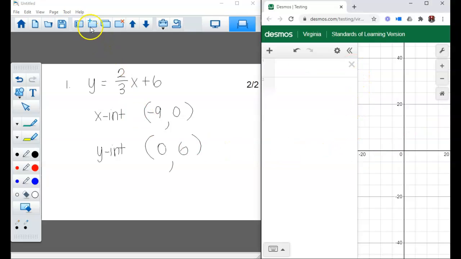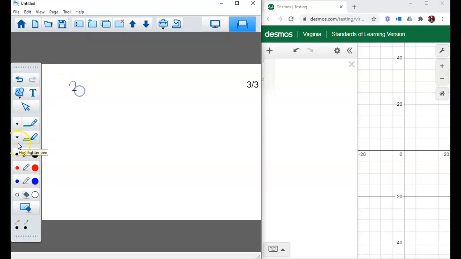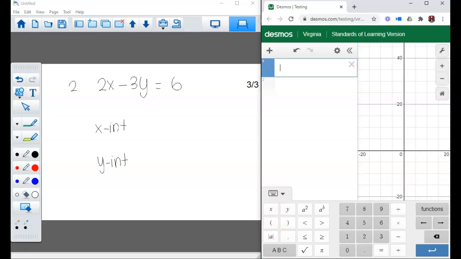Okay, so let's clear that one. Let's try another one. Let's do 2x minus 3y equals 6. We're going to get an x-intercept, and we're going to get a y-intercept. All right, so keyboard, type in exactly what you see. So 2x minus 3y equals 6. And there's our line.